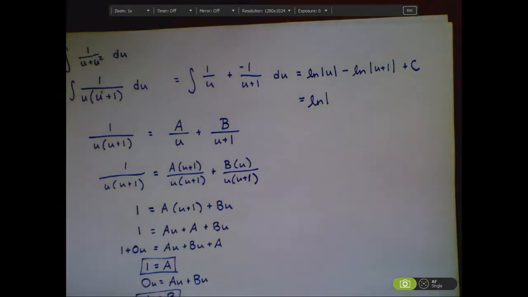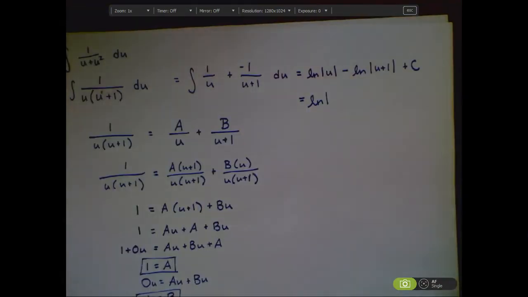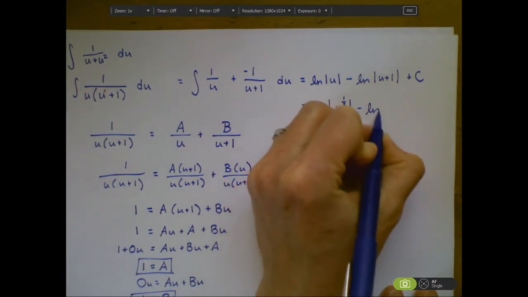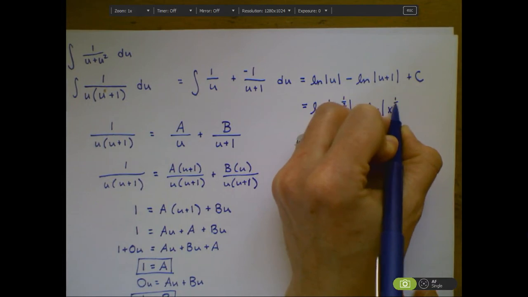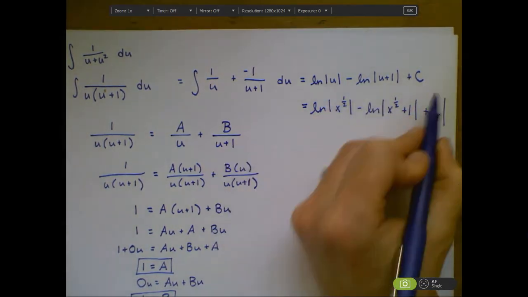Recall that u was equal to x to the 1/2. So this is the natural log of x to the 1/2 minus the natural log of x to the 1/2 plus 1 plus C. Whew, that's a messy one.